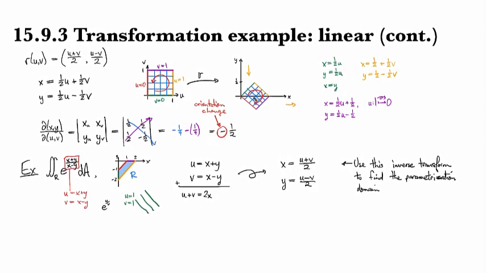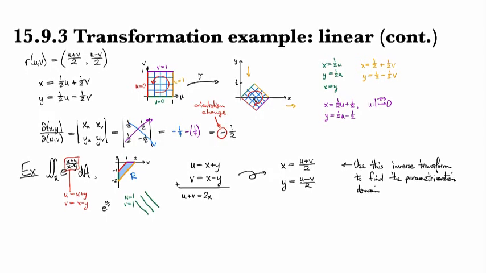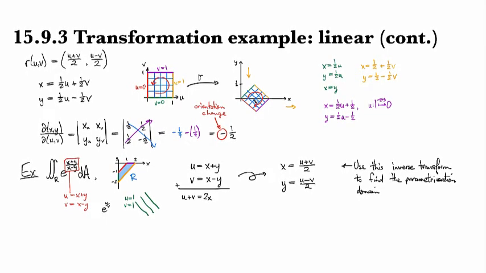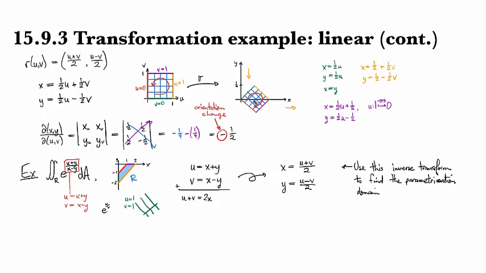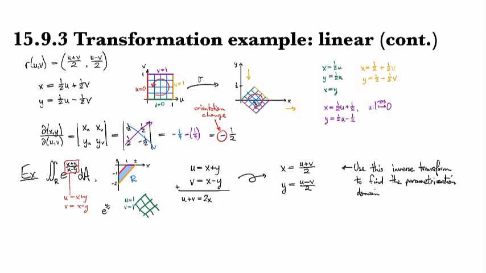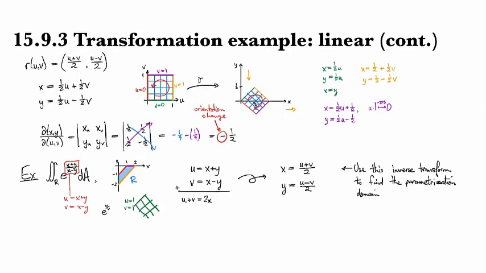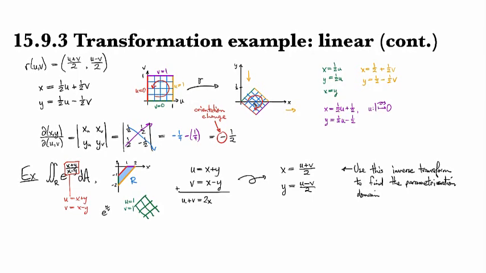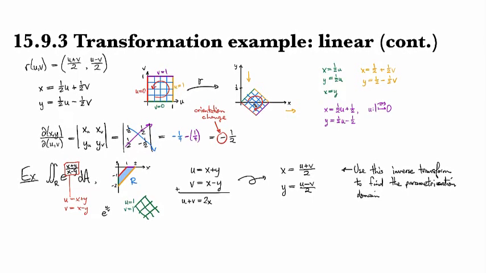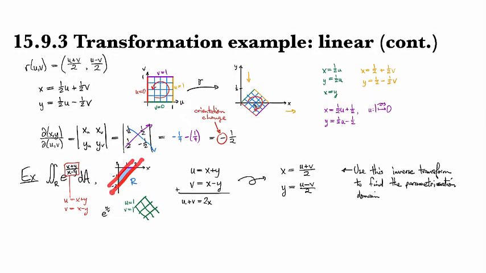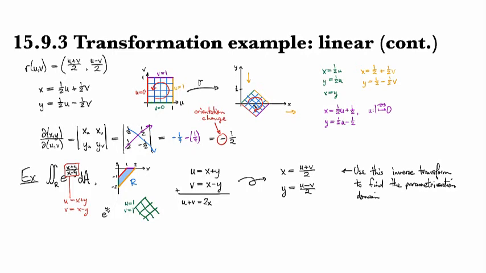And then v equals 1, that looks like this line here, v equals 0, v equals minus 1, etc. So we have these diagonal lines as our coordinate grid. And since our region has these diagonal lines that go in correspondence with that, that's kind of a good thing. That's telling us that this is going between v equals something and v equals something else. So that'll make it nice to set up our parametrization domain.